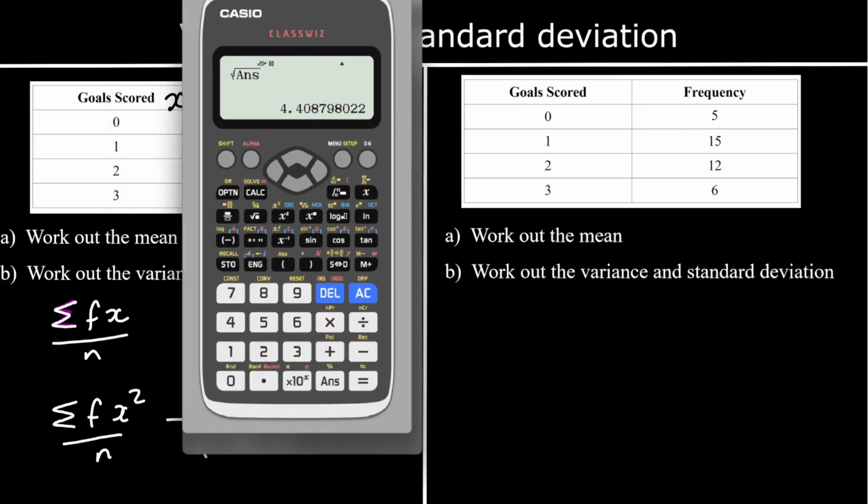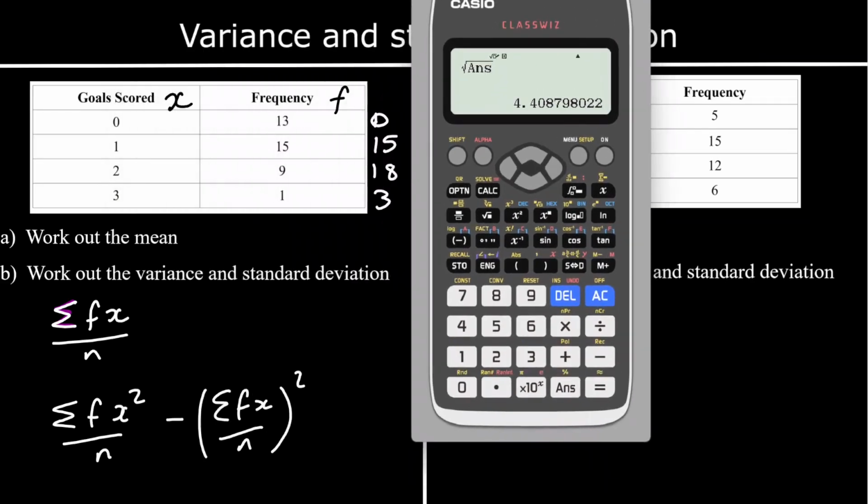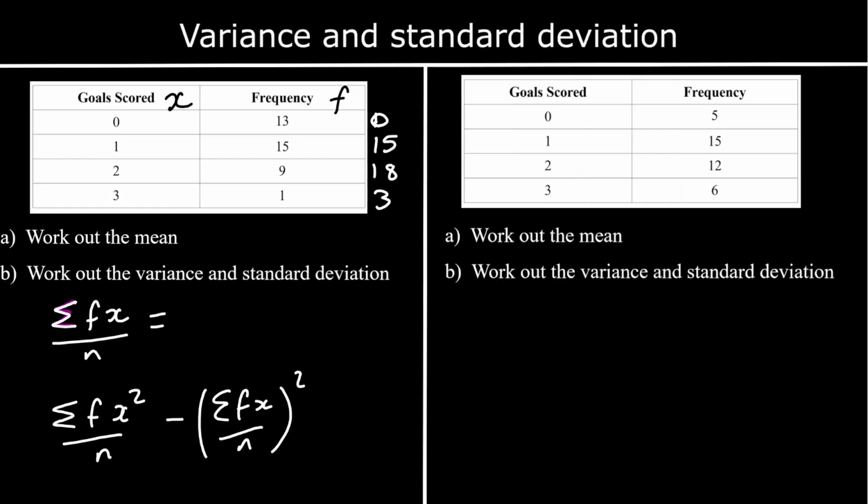So our total, the total number of goals scored. So we had 0 goals 13 times, 15 lots of 1 goal. 2 goals were scored 9 times, and 3 goals were scored once. So in total, that is 36 goals scored. So 36 divided by how many? How many games were there?